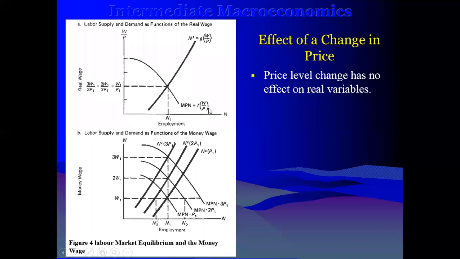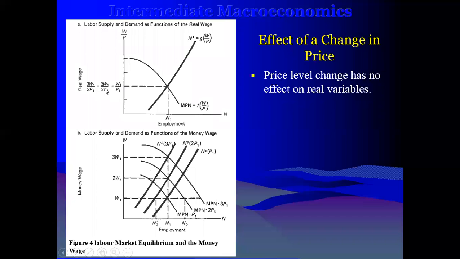Of real wage. Good. Now, if there's an increase in price, let's follow the cursor. What we have here is an equilibrium, right? This is the equilibrium wage, W1 over P1, when price was P1. And this is our N1, that is our equilibrium N, or the labor.